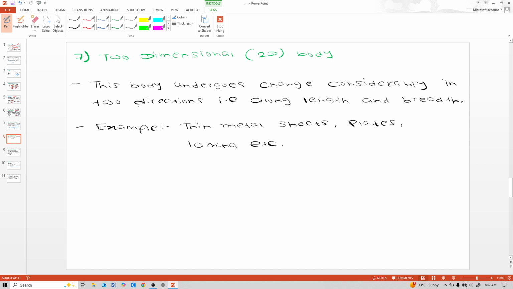Two dimensional body. A body undergoes change considerably in two directions, that means along length and breadth. Examples are thin metal sheets, plates, lamina. A body is said to be two-dimensional if any one dimension is considerably small as compared to the other two dimensions. Example, consider this as a steel plate.